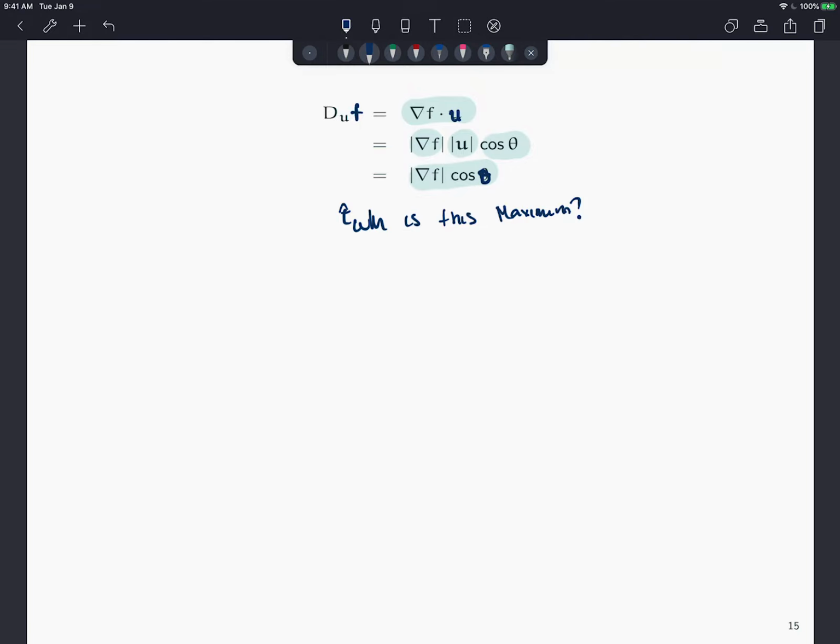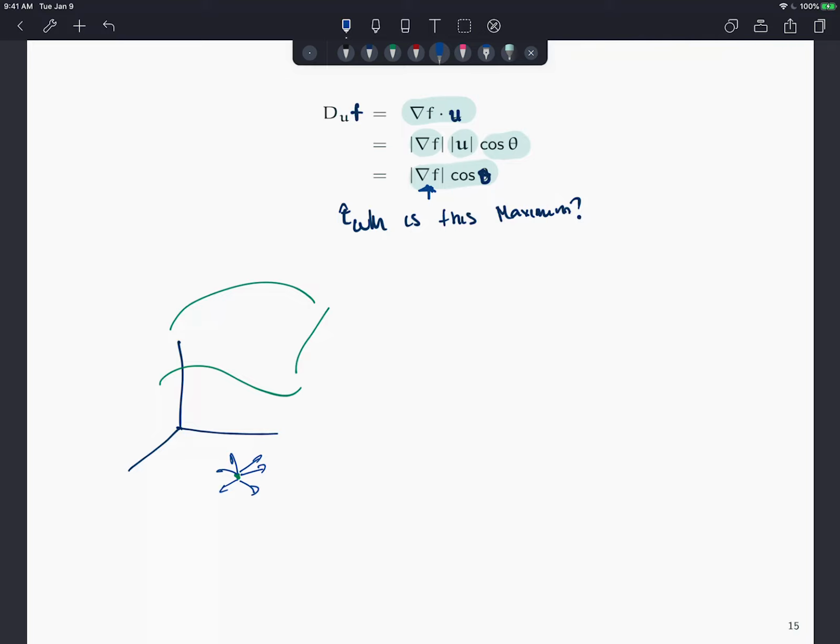So if I have a function and a surface up here, I can grab a point and find different possible vectors u, that way or that one or this one. Each one of those gives me a different value for the angle theta, because this one is fixed. Once you find the gradient of f at the point, that one is fixed. So in which direction is this a maximum?